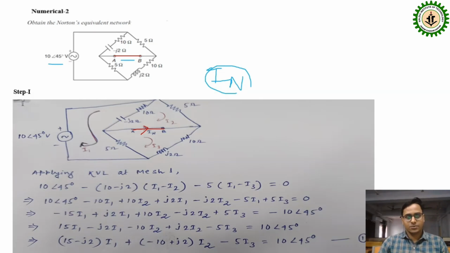Again, here you can see there are three loops or three meshes. This is one mesh. This is another mesh, and this is another mesh. I am just pointing them out. This is one mesh.